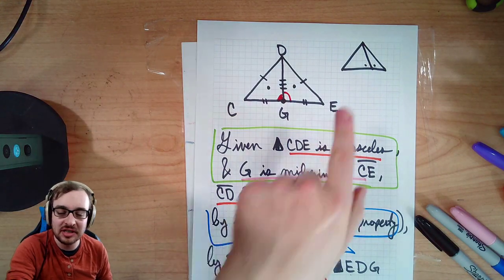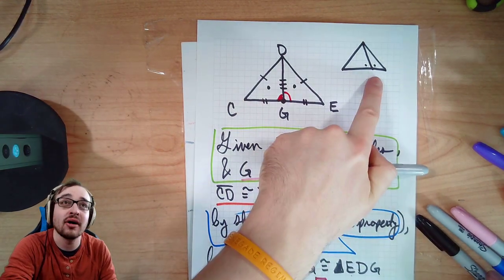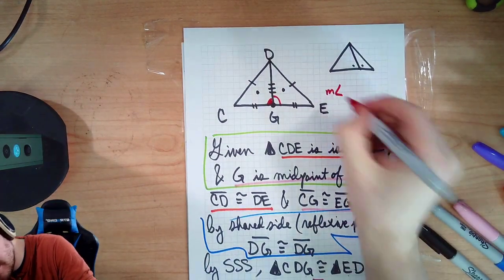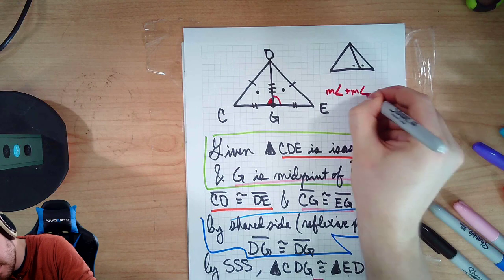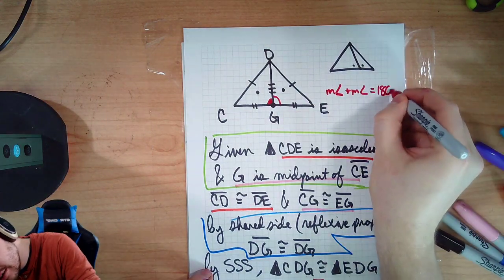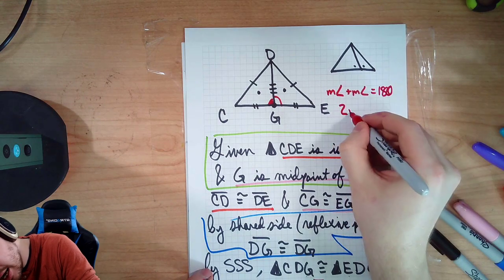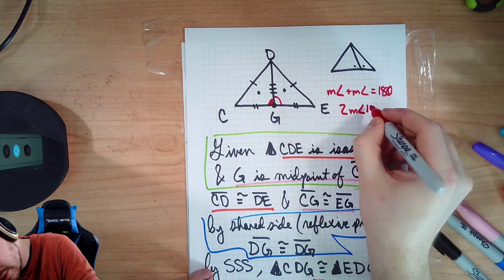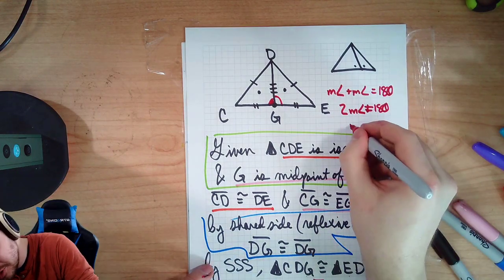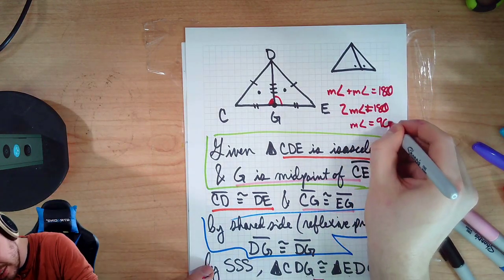Now, didn't we earlier say that whatever those two angles are, they have to add up to 180? So I have the measure of the red angle plus the measure of the red angle. They're both the same, right? Should equal 180. Well, that's just 2 times the measure of the red angle, and that should equal 180. That means the measure of the red angle has to be 90, right?